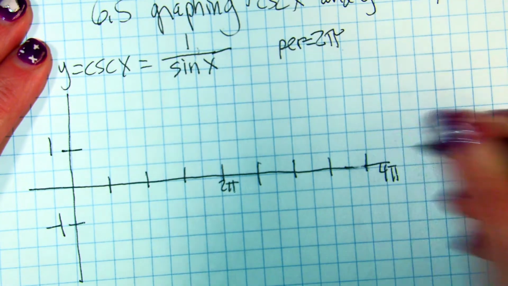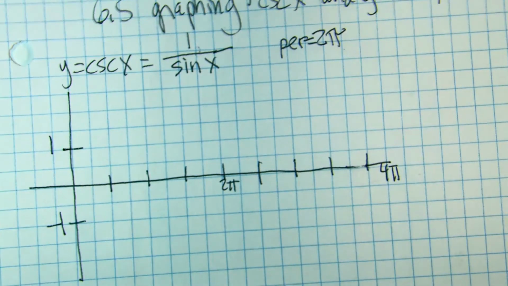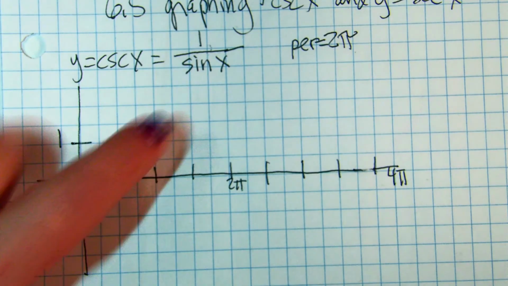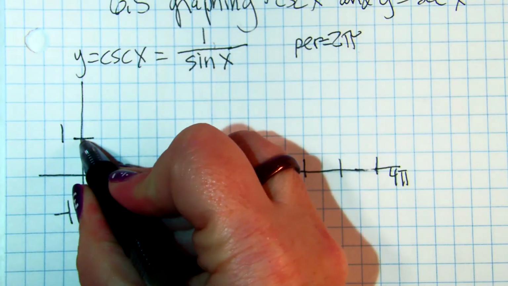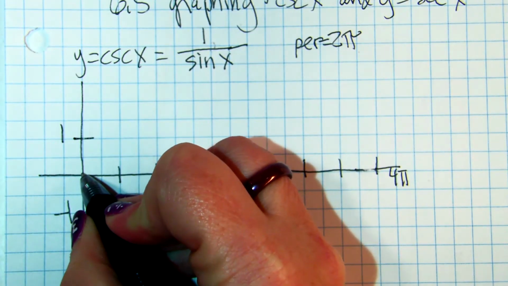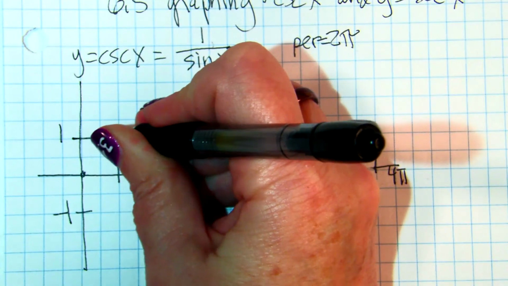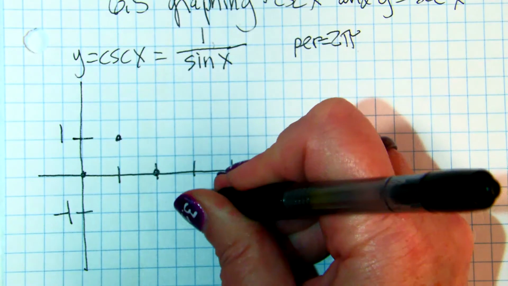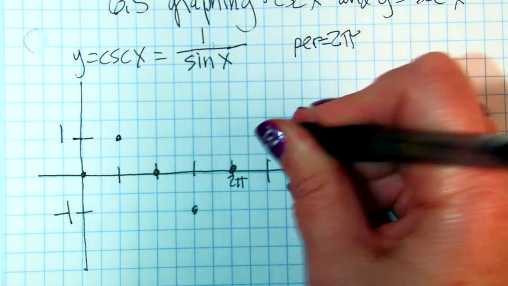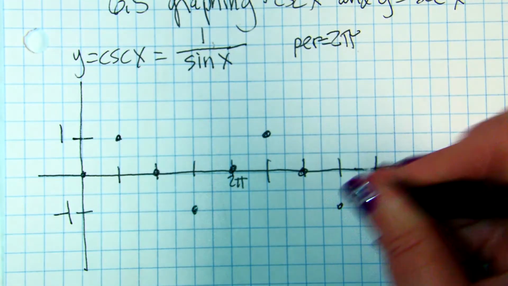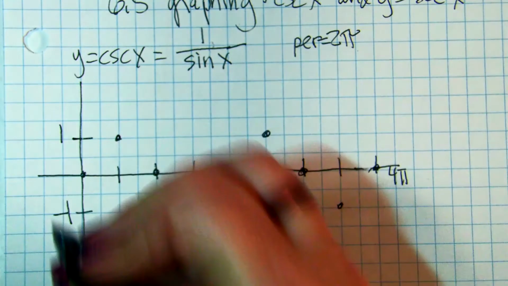That's going to be 2 cycles or 2 periods. Sine, does it start up at 1 or at the origin? Starts at the origin. So it goes up and down and down and up. Up and down and down and up. Then you make a smooth curve.